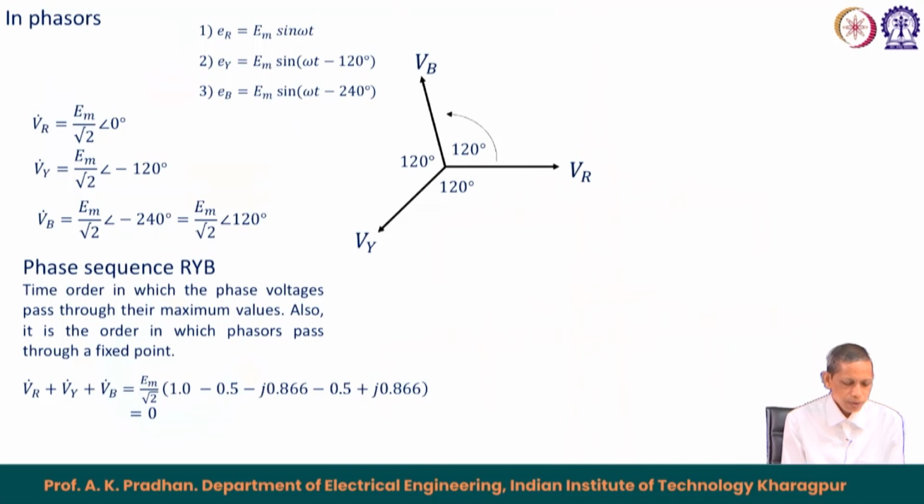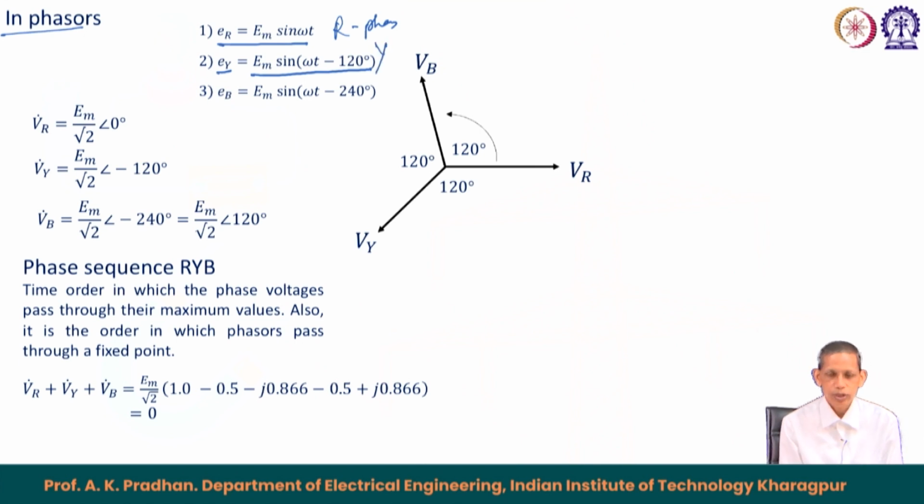Moving forward, let us represent these signals in phasor terms. These three signals are E r equals E m sin omega t for the R phase. The Y phase lags the R phase by 120 degrees, so it becomes E m sin (omega t minus 120 degrees), the Y phase voltage.